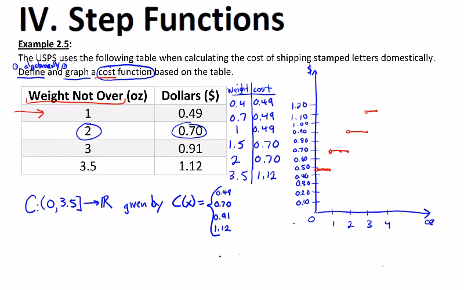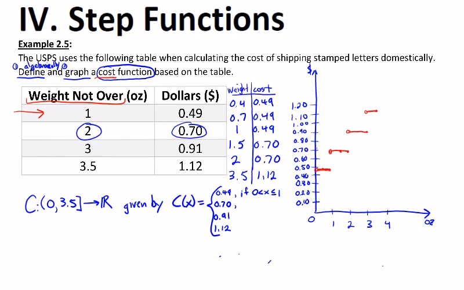So that's when we would say, comma, if, and we want to specify which weights will always cost 49 cents. So any x value that's bigger than 0 will cost 49 cents, provided that it is also less than or equal to 1. So that's the condition that's necessary for us to say that it costs 49 cents.